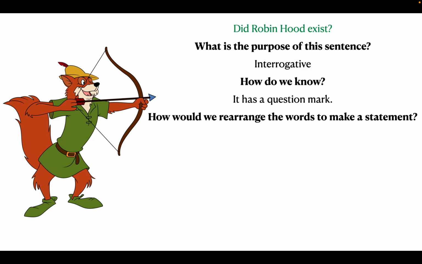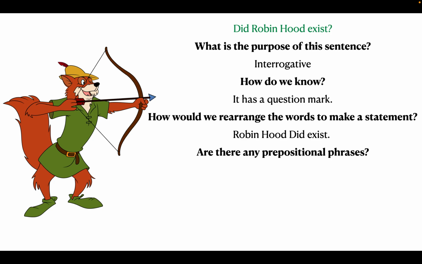So how could we rearrange the words to make a statement? That's right, Robin Hood did exist. So when we rearrange it, we're going to put the helping verb next to the verb, so we have a whole verb phrase, and it's just a little bit clearer. Okay, are there any prepositional phrases?